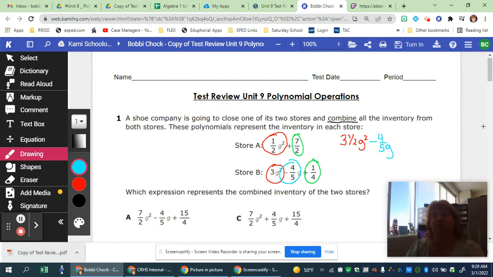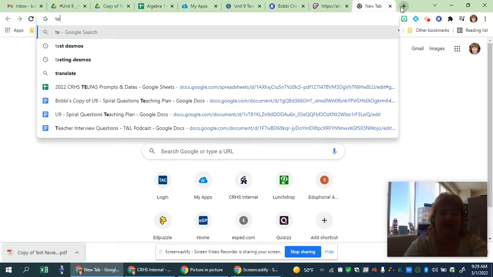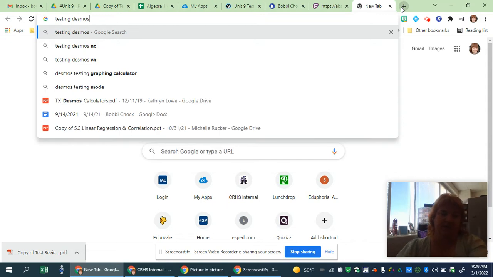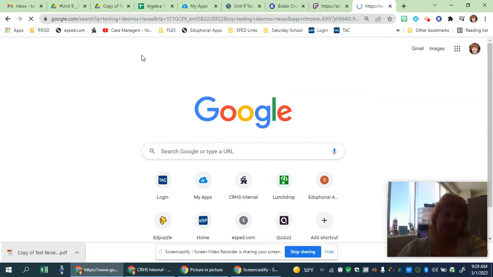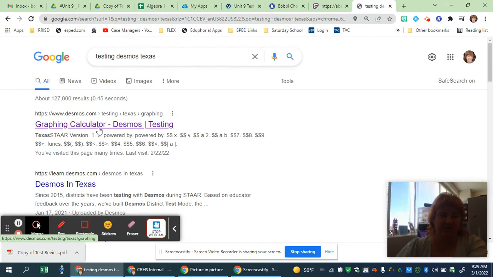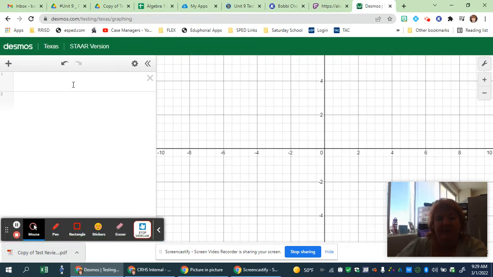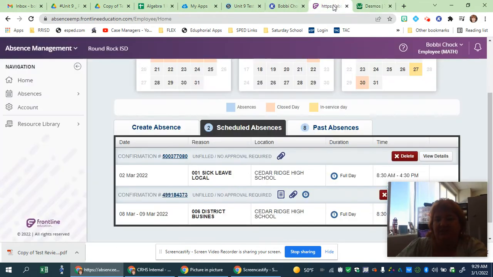Guys, stop trying to figure this out. Go to Desmos, and here's your testing Desmos, Texas. There we go. Go right here and just put it in.